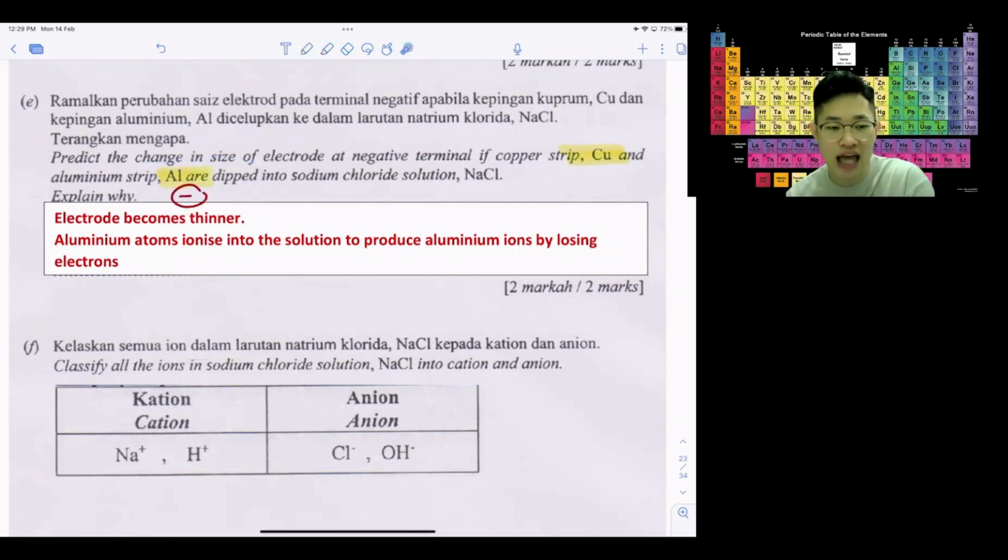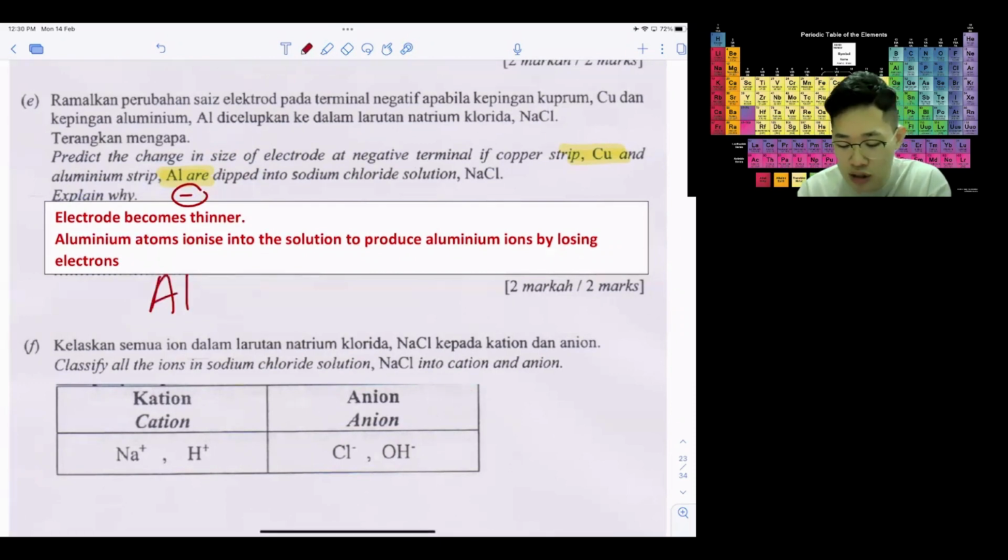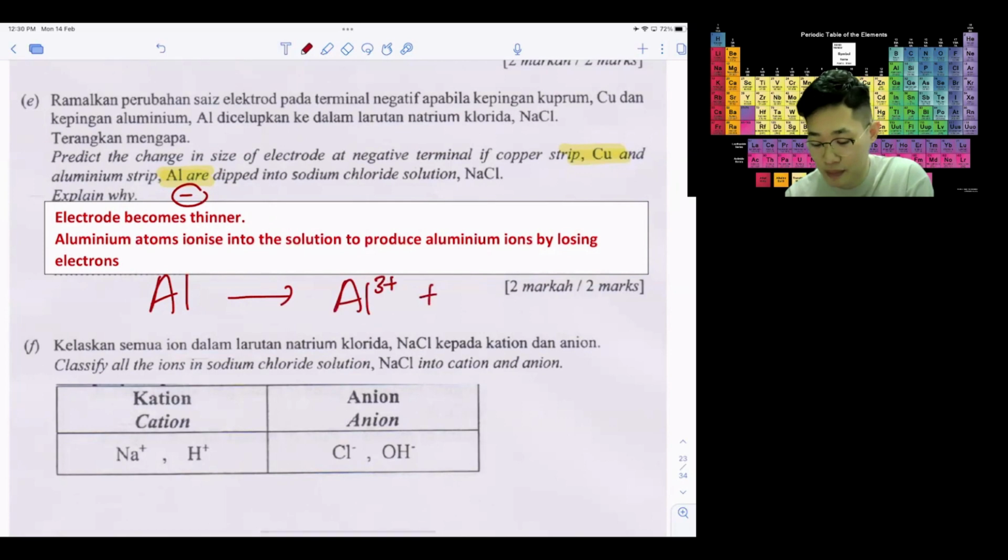So what will happen to the negative terminal? The metal at the negative terminal donates electrons to the other side. So it will become thinner because according to the equation, aluminium loses its electrons to form Al3+. So my explanation will be: aluminium atoms ionize into the solution to produce aluminium ions by losing electrons. Just like that.